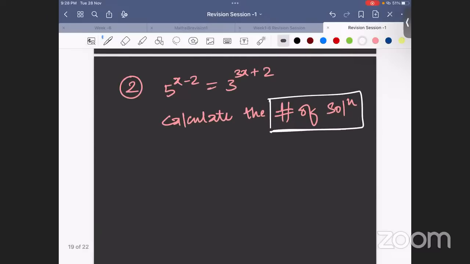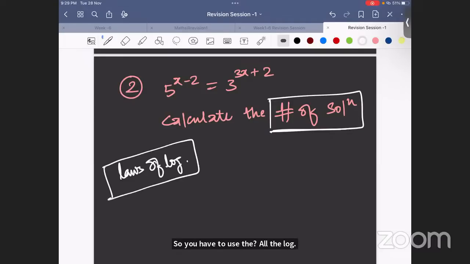So here you have to use all the log laws. Some of the laws you have to use.